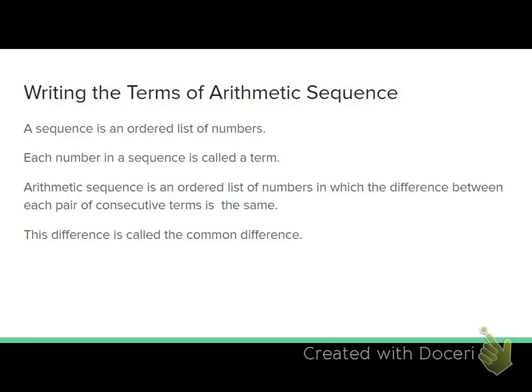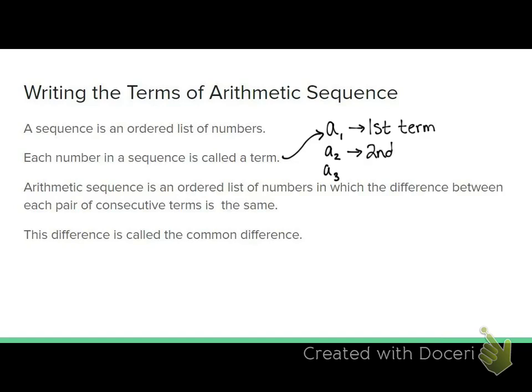Now, something I will add, and this might come up again later, is that if you see something like a sub 1 or a sub 2 or a sub 3, these little 1, 2s, and 3s down here, you'll see other numbers sometimes too. That's just listing off which term it is. So this refers to the first term. A with a little 2, what do you think that refers to?